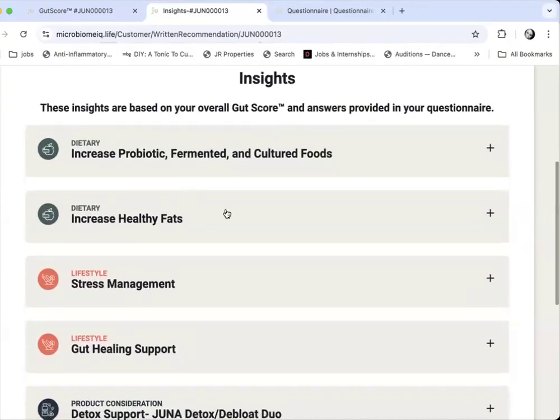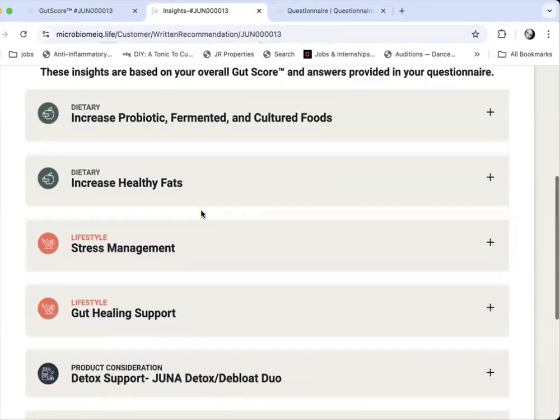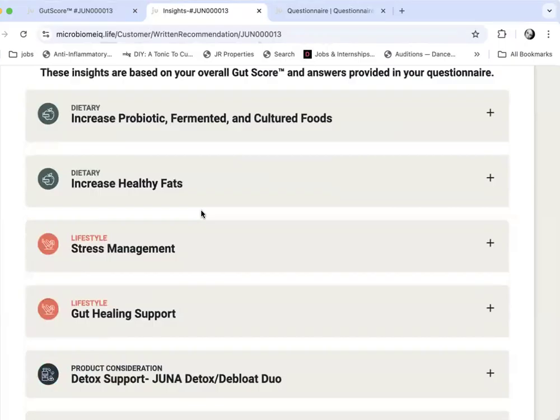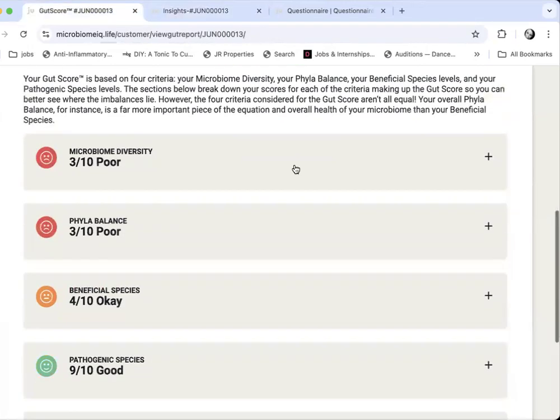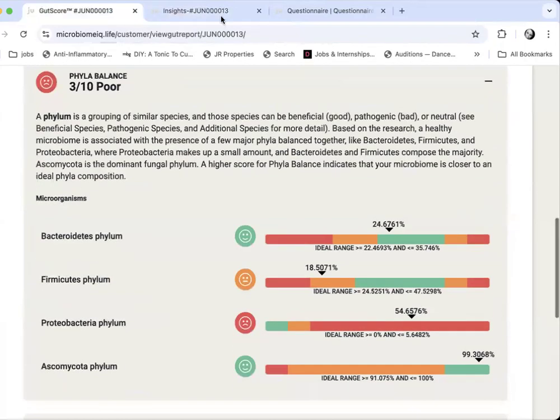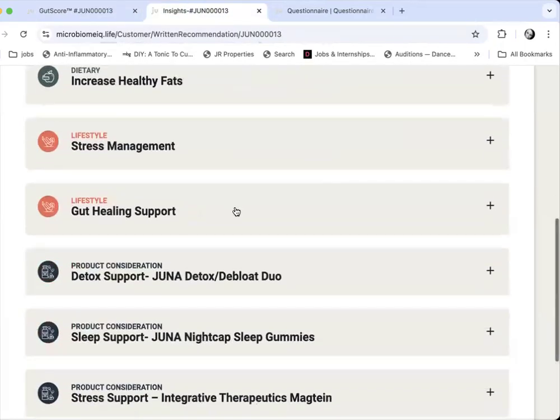You don't necessarily have to rely fully on what's here. We have arranged it and designed it in a way that it's supposed to be helpful to you in your practice and help guide your clinical interventions and translate the information that we get in the gut test into tangible, actionable steps for your customers, clients, and patients.